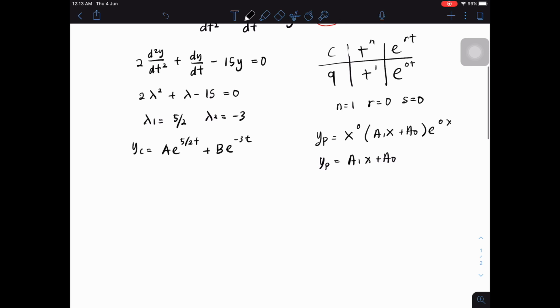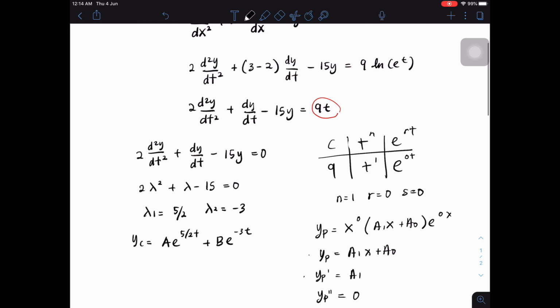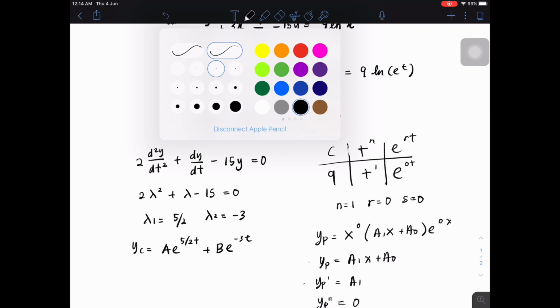Now we want to find yp prime, which is a1, and yp double prime is equal to 0. Now you need to substitute yp double prime, yp prime and also yp inside your differential equation here.